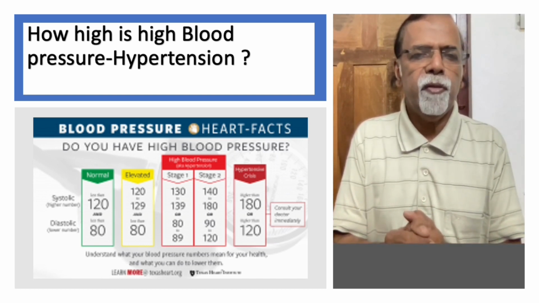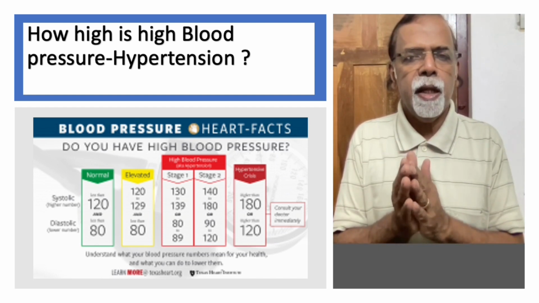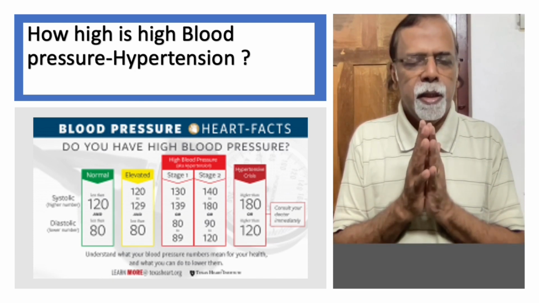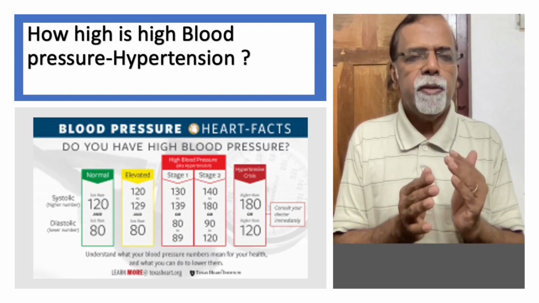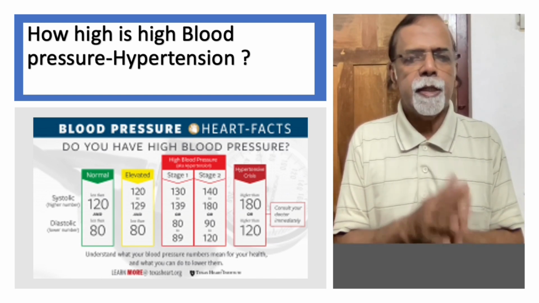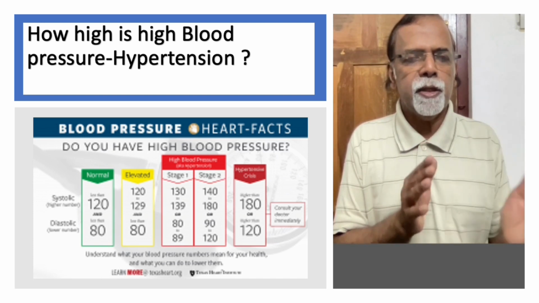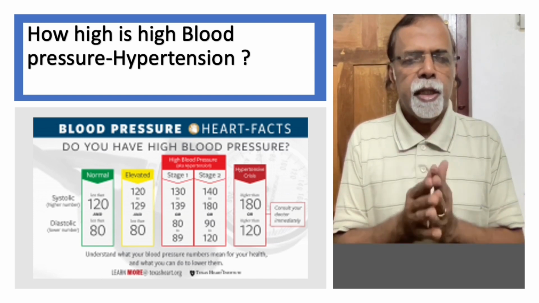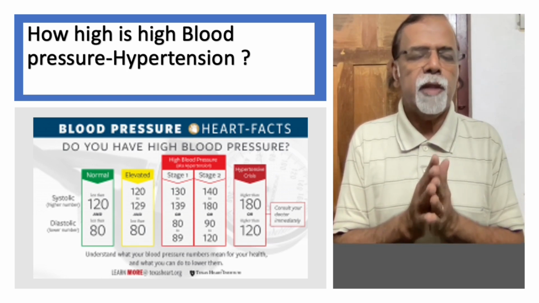The systolic BP is 130 to 139, so systolic is less than 140 but more than normal, and the diastolic BP is between 80 to 89, so it is less than 90. So you can easily remember: 120/80 is normal, and below 140/90 but above normal, you call it stage 1 hypertension.